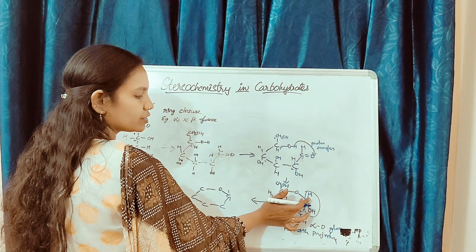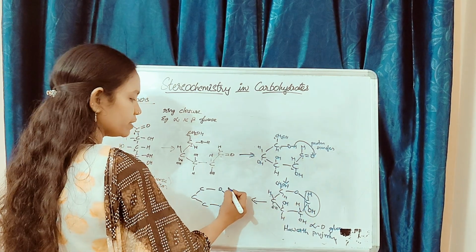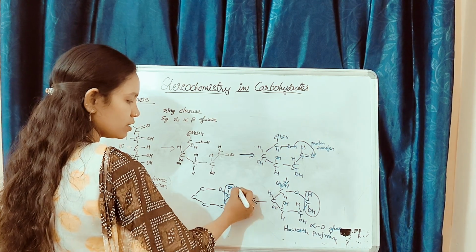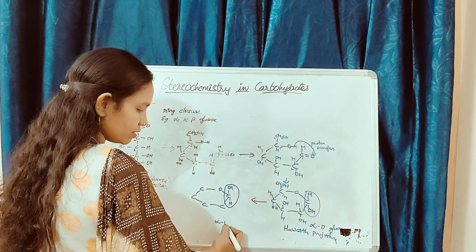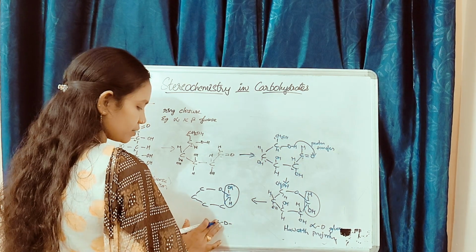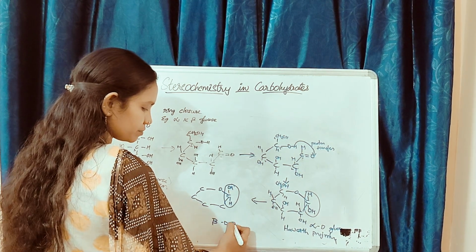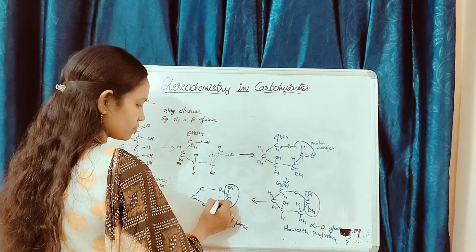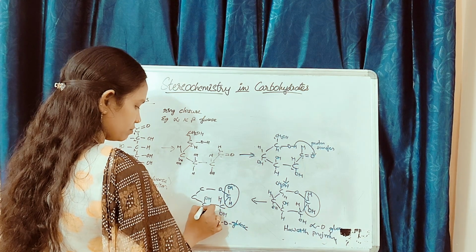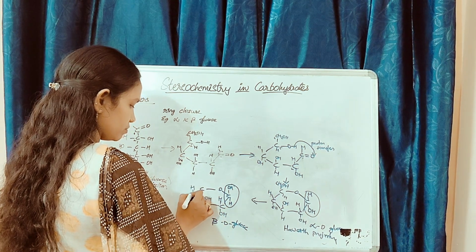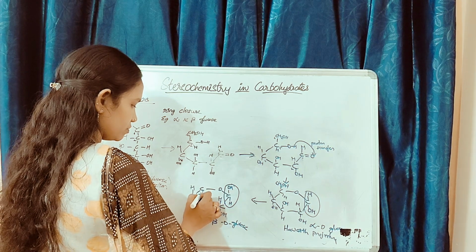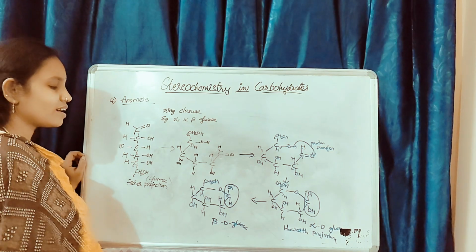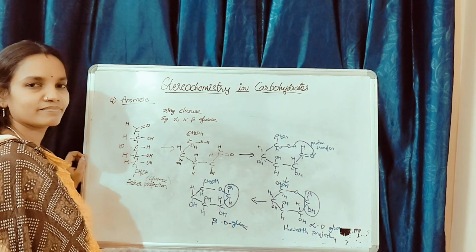So here H on the top, OH on the bottom, right? If OH is on the top and H on the bottom, it is beta D glucose. Is it clear, alpha and beta D forms?